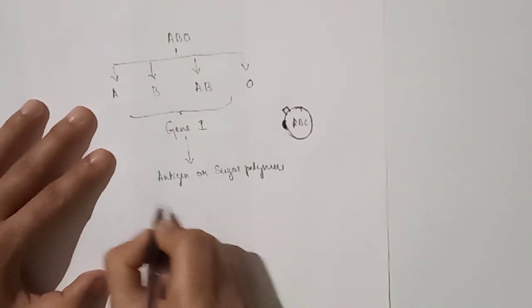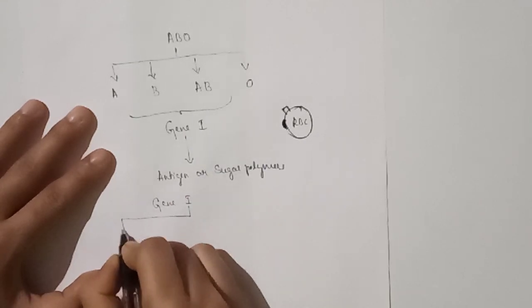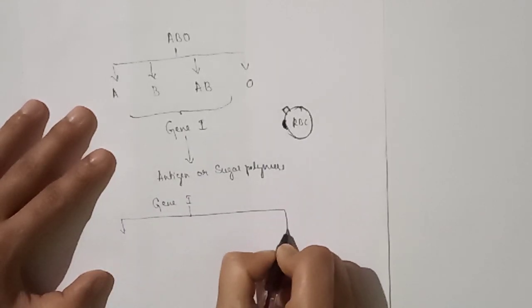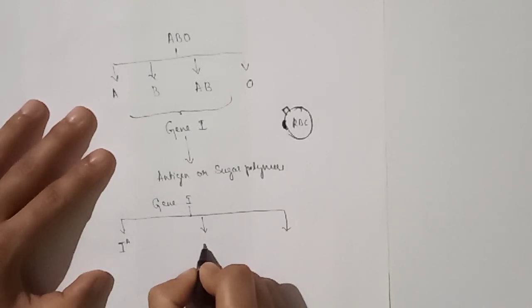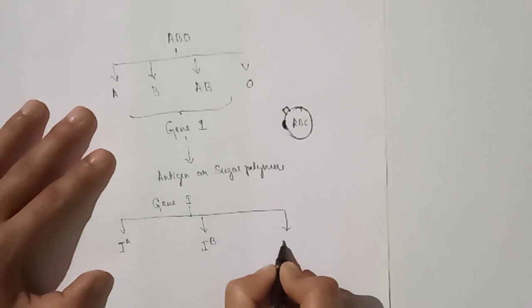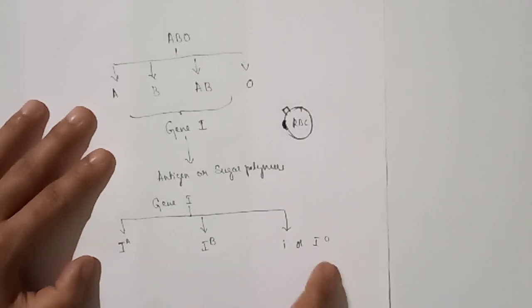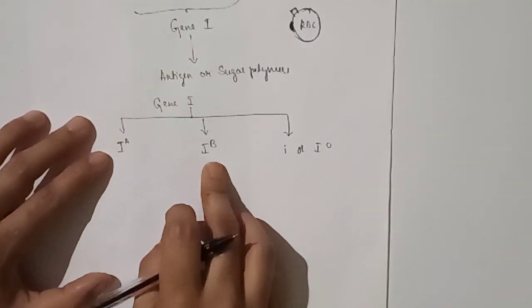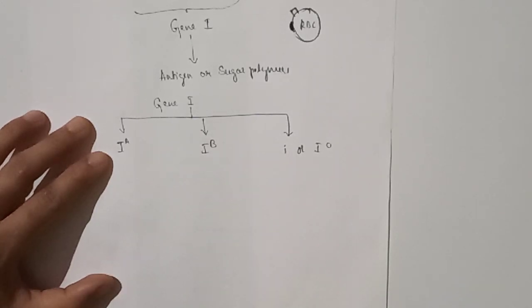This gene I has 3 alleles. They are IA, IB and small i or i naught. IA and IB produce antigens which are slightly different from each other.